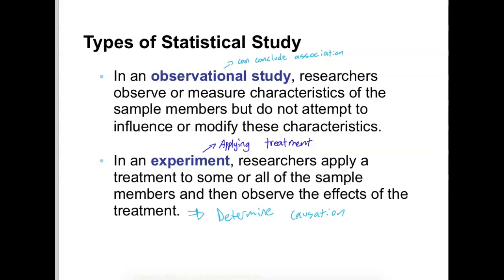And so the example I'll give is cigarettes. It took them a long time to conclude that cigarettes caused cancer, right? They knew that cigarettes were associated with a higher incidence of cancer, but again, to be able to actually determine causation, you need a controlled experiment.